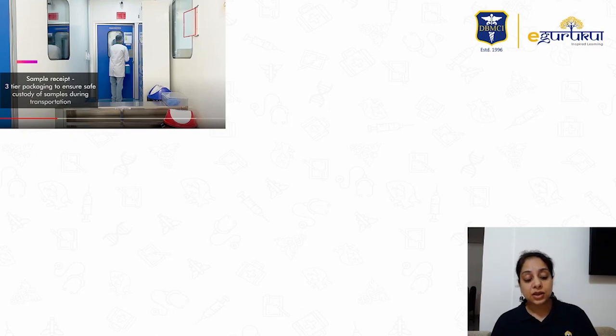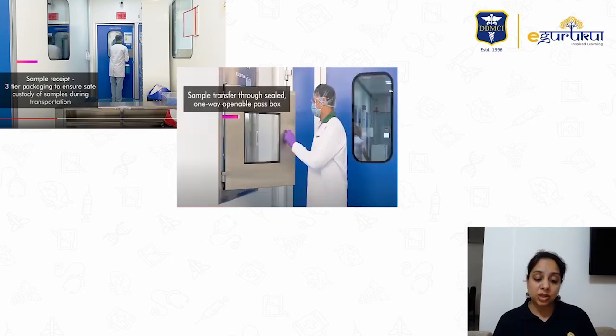Now this person, as you can see, has the headgear on. In the hand there is an ice box, and in this ice box there is a ziplock. That ziplock contains a tube that contains the swab sample from the patient. So three tiers of packaging are done.